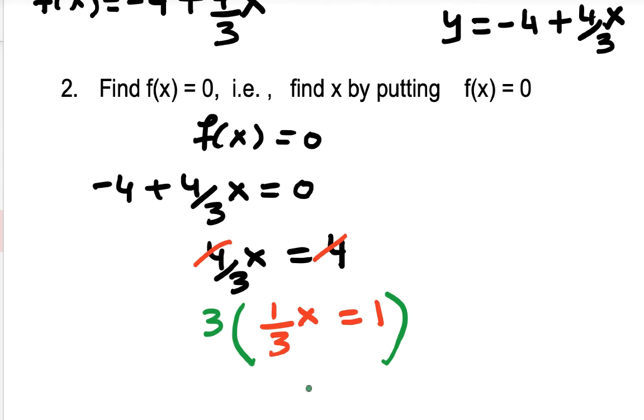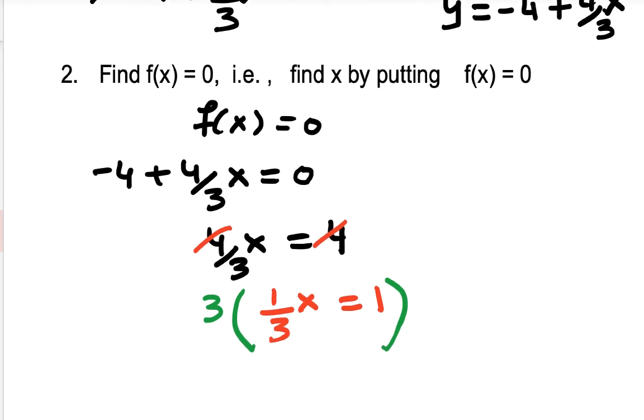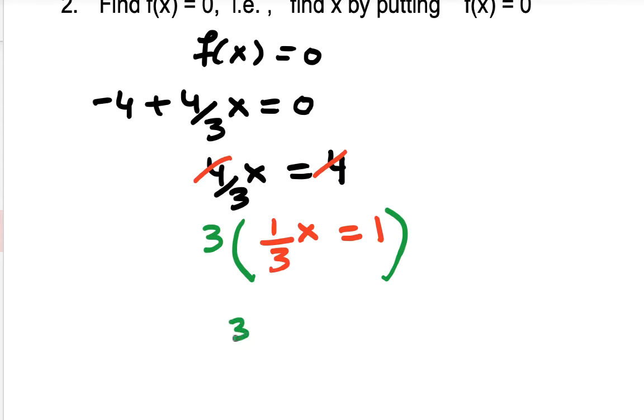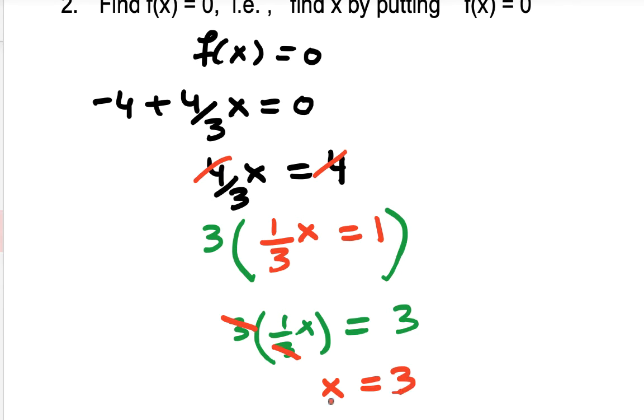So what do we get? 3 times 1/3 x equals 3. The 3 and 3 cancel out, and we get x to be 3. So clearly x equals 3 is the zero of this function.